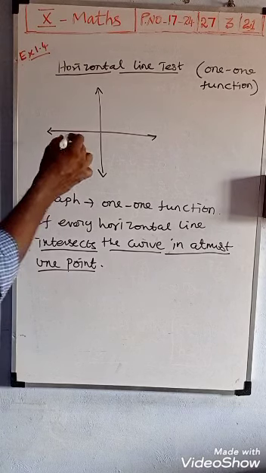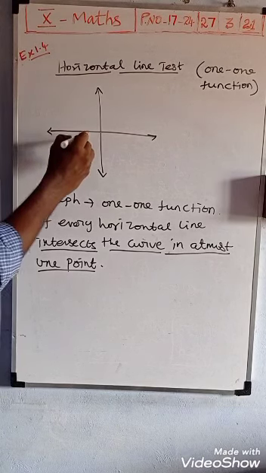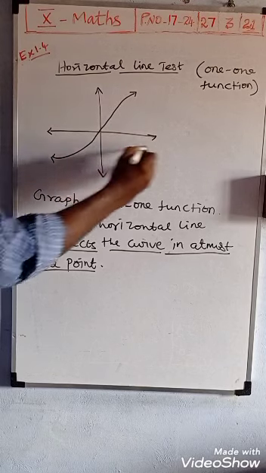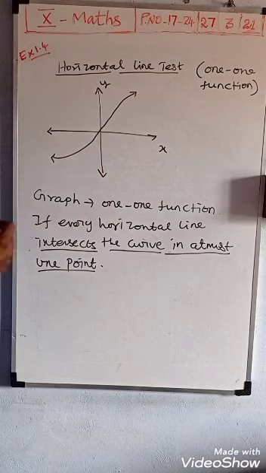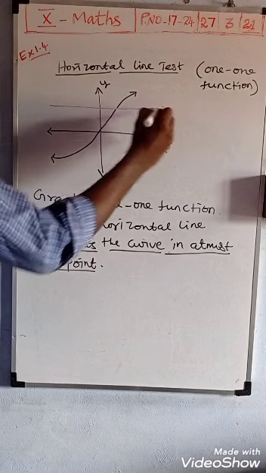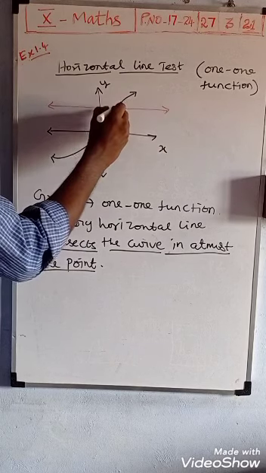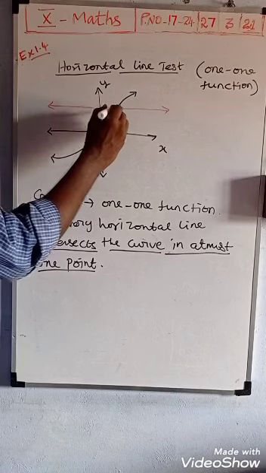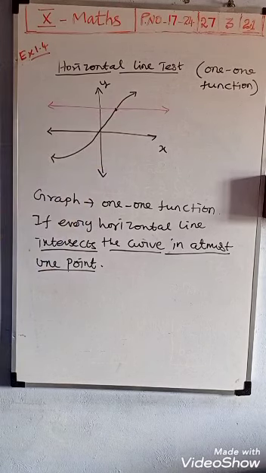So consider any one of the graphs. Suppose taking this graph, x y. Now you should draw one horizontal line. I have drawn this horizontal line. It meets the curve at this point. How many points? Only 1 point.